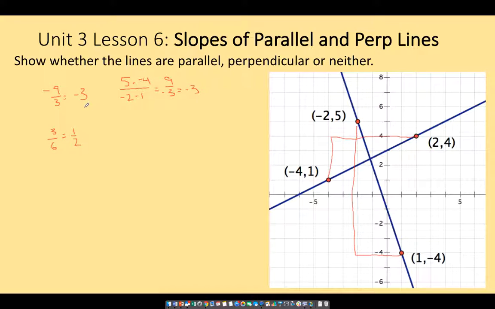That's not 1/3. And again, if I use my formula, I go 4 minus 1 over 2 minus negative 4. That's 3 over 6. That's still 1/2. Okay, and negative 3 and, well, 1/2, those are not the negative reciprocals or inverses of each other, so I go ahead and say no.